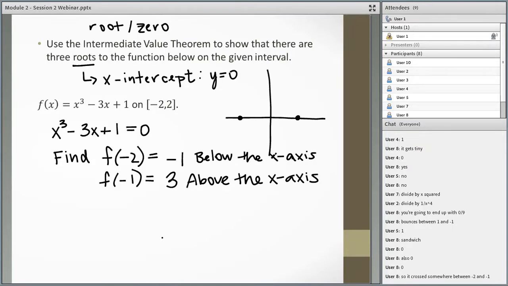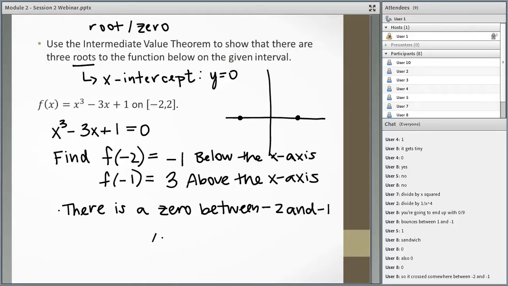Very good. So I can conclude that somewhere between -2 and -1, the graph crossed the x-axis, which means there is a 0, between -2 and -1. We don't necessarily know where, but we weren't asked for that. We were just asked to show that there are 3 roots.